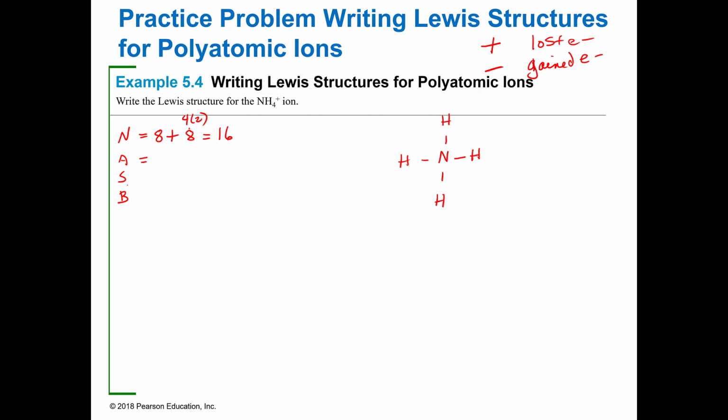And then available is 5 plus 4, because there's only one valence electron in each of those. Now that gives me 9.